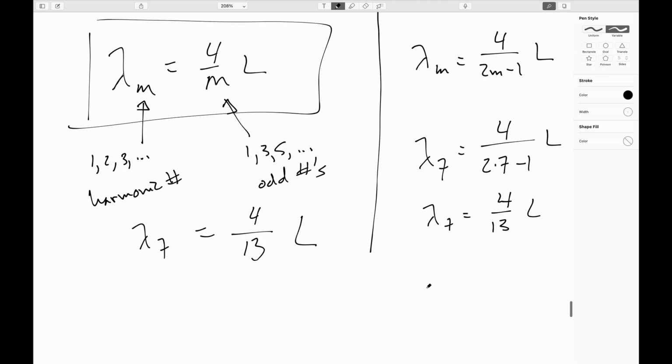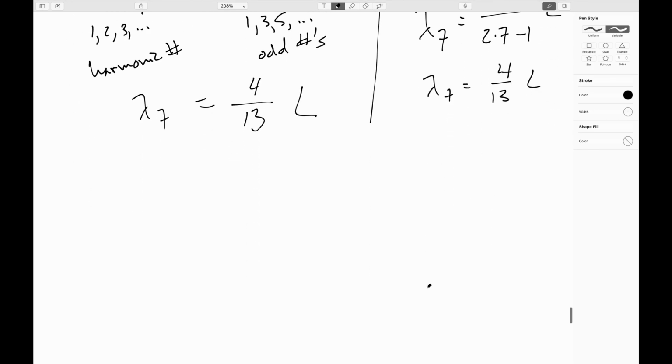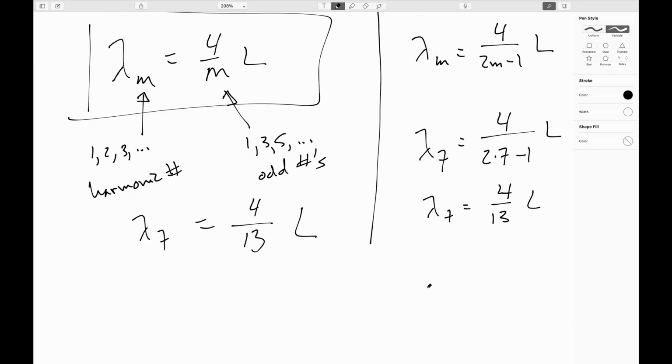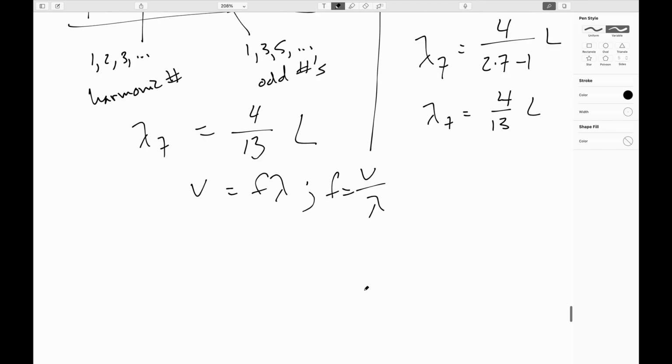All right, so we can also come up with the corresponding relationship for the frequencies. So remember, v equals f lambda, so that will give me that f is equal to v over lambda. So plugging in, if I do it in the style on the left, that will give me f_m equals m times v over 4L.